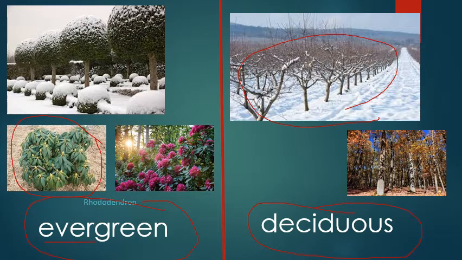Now, I know Mrs. Kershaw is going to be very upset with me if I mispronounce this. The rhododendron here is the picture. This is when it is flowering in the summertime, and in the winter going into spring, it still has its green leaves. Okay, so the flowers have gone, but the leaves are still there.